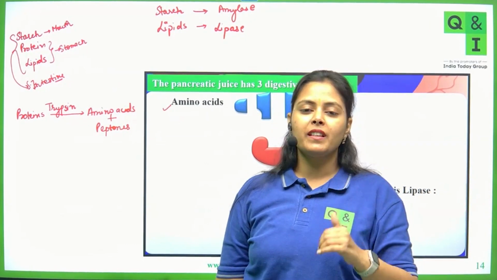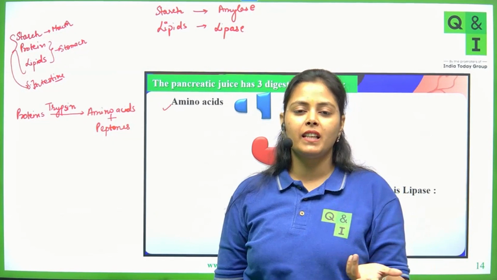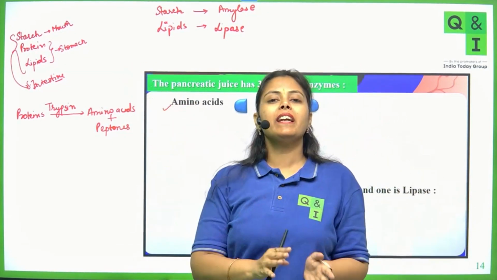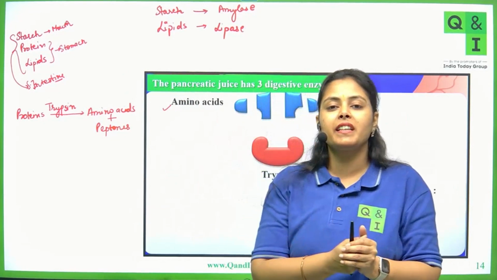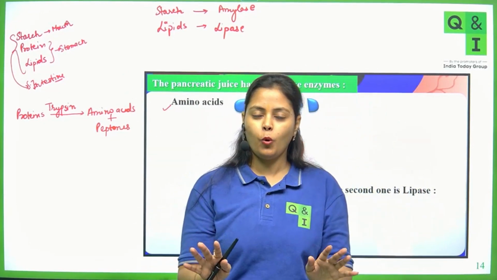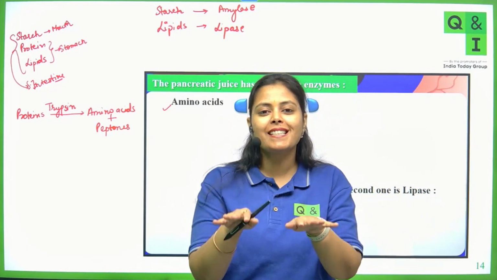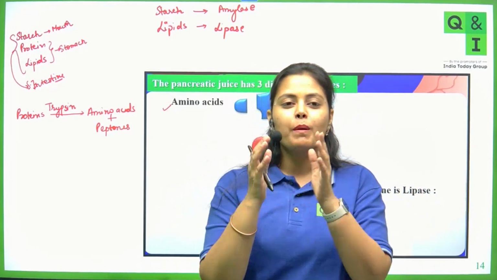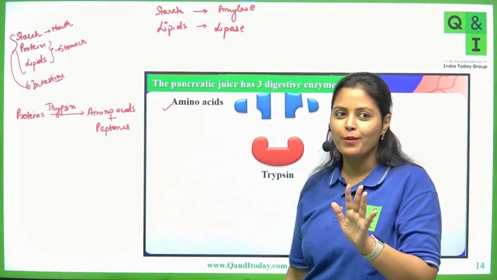If it is present in the pancreas, you call it pancreatic amylase. If lipase is secreted in the stomach, you call it gastric lipase. If lipase is secreted by the pancreas, you call it pancreatic lipase. See how much easier I have made your work to memorize it. I hope you now memorize it.